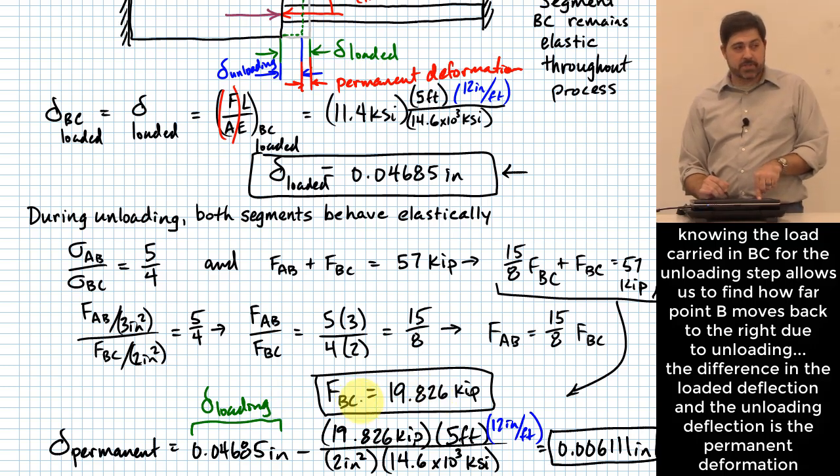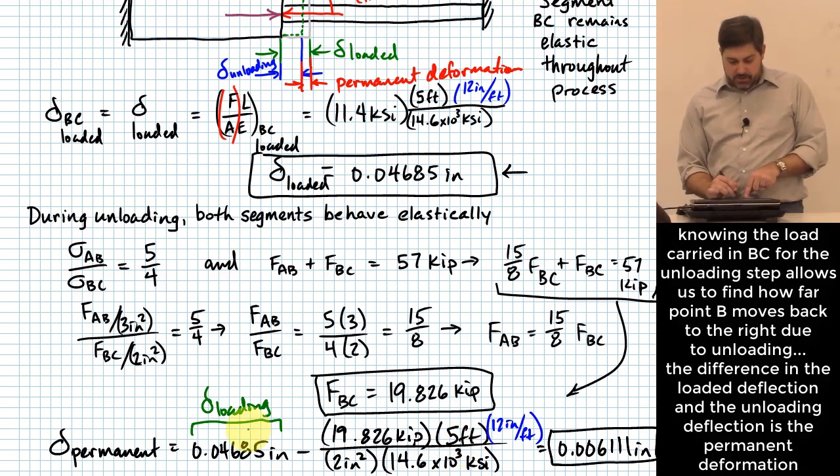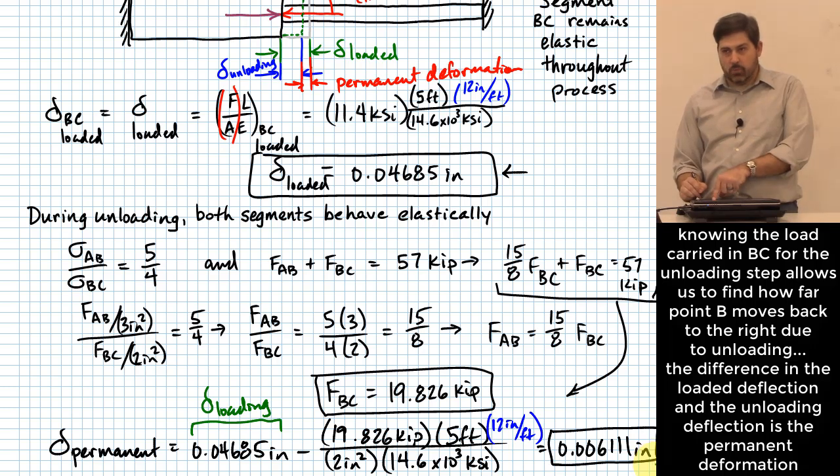Because I know rod BC is behaving elastically, if I figure out how much force it's carrying, then I can use that in FL over EA to figure out how much that one rod changes in length in response to the load that it's carrying. So I subtract that back off of the amount that it had moved under loading. That gives me how much it wound up moving at the end of the day.